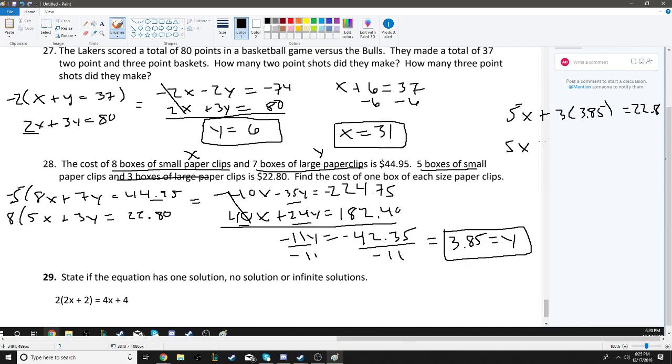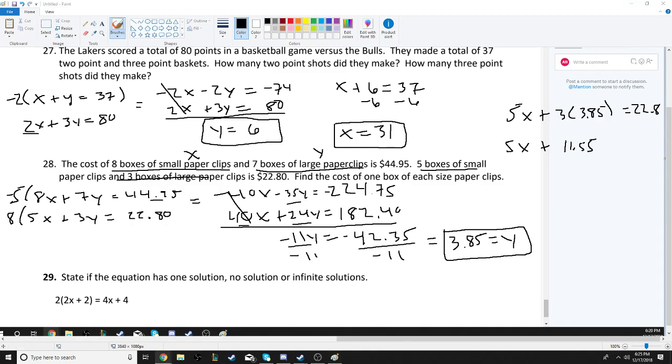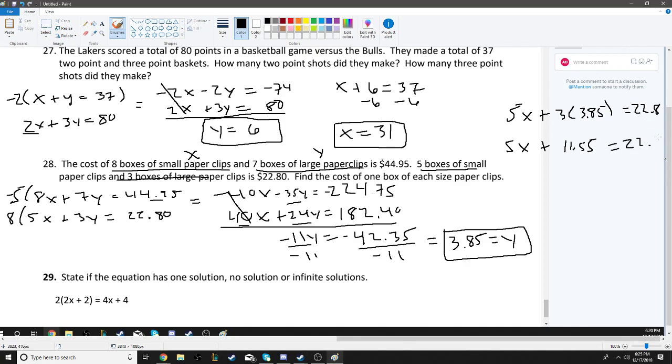So 5x plus 11.55. Let me double check that. Yep. Is equal to 22.8. Subtract 11.55 from both sides.